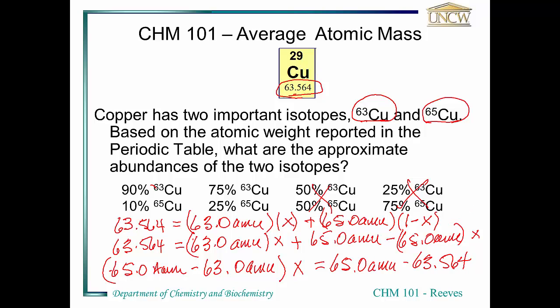If you do the arithmetic, that will give you X equal to 0.718, or about 75%.